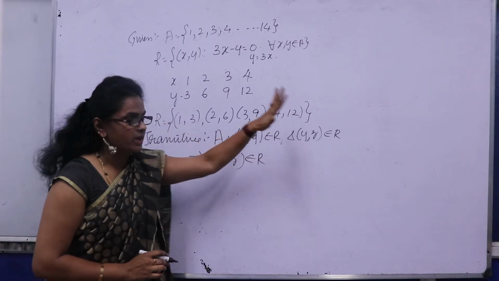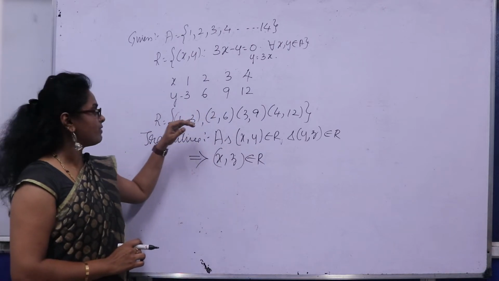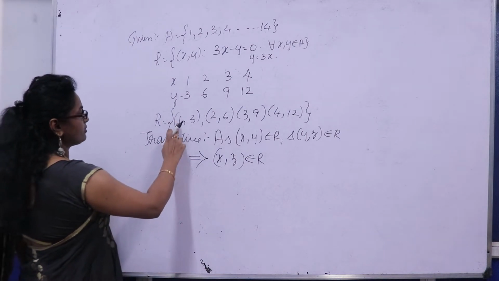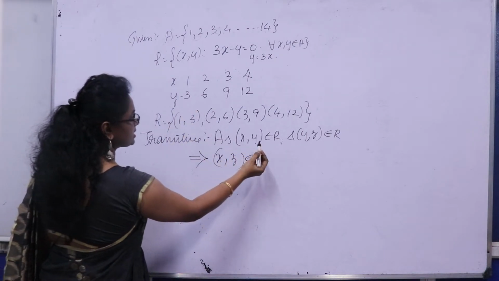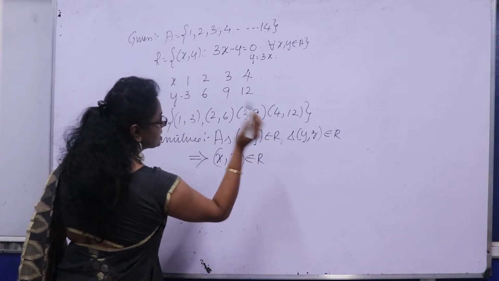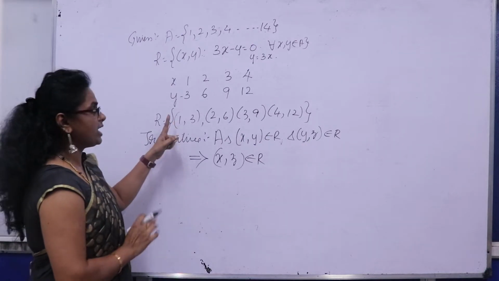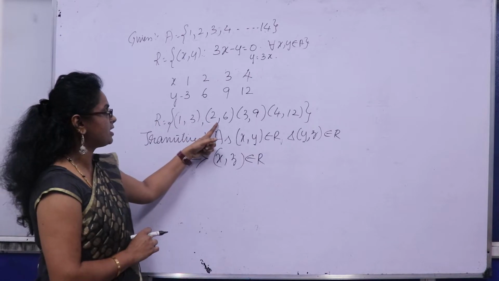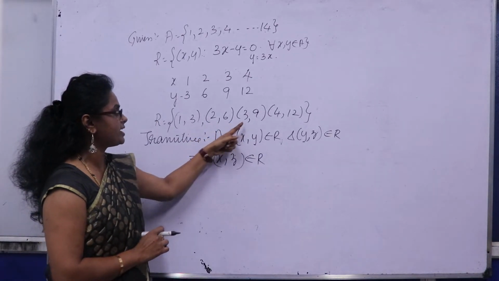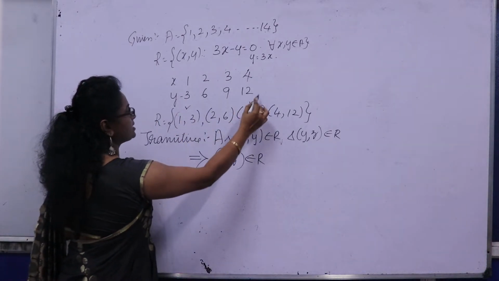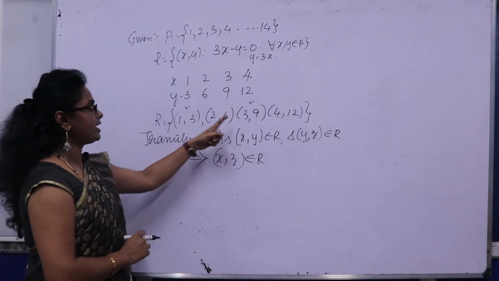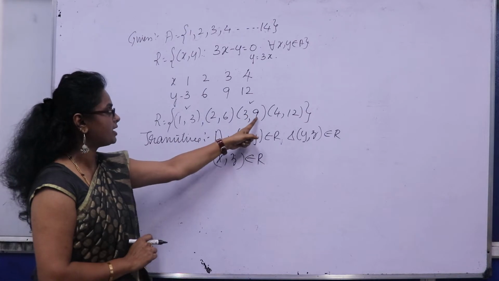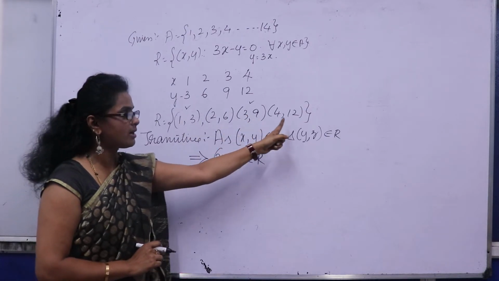By looking at this relation, can we see whether it is a transitive? So now I'll just go with, see, look at this, the end elements must be the same. I'll just take an example of (1, 3). Do you have any element which starts from 3? Yes. I'll just compare these: (1, 3), (3, 9). So the resultant must be (1, 9). Do you have anything here (1, 9)?